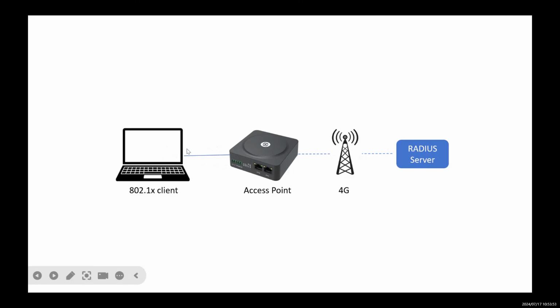If authentication is successful, the device is granted access to the network, which is the external network, and also for accessing the device. Otherwise, it is denied. This method enhances security by ensuring that only authorized devices can access the network, reducing the risk of unauthorized access.